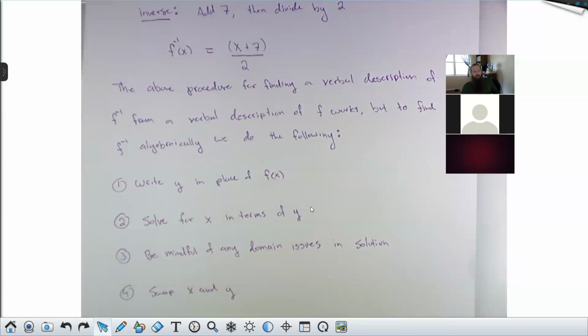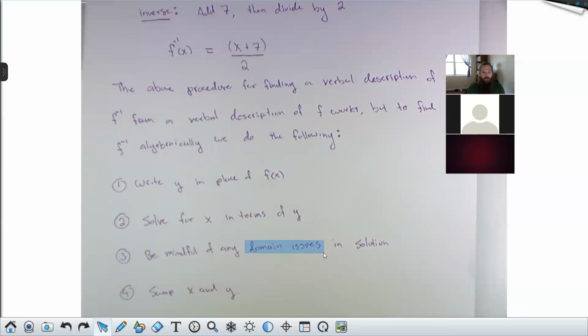You see, not all functions are one-to-one. We've learned that. However, if you're given a function that is not one-to-one, you can restrict its domain. You can chop off part of the graph, and then what's left over, if you chop cleverly, will be one-to-one. That is what I mean by domain issues.